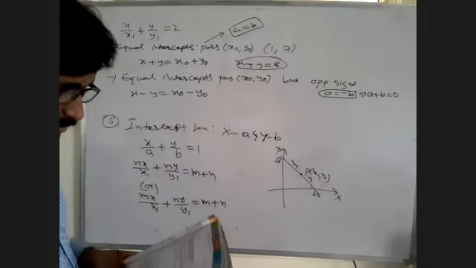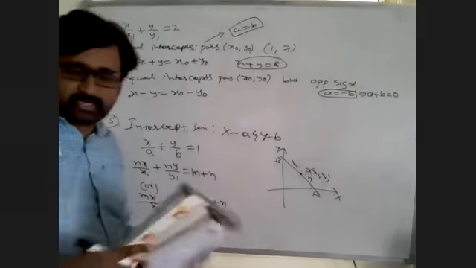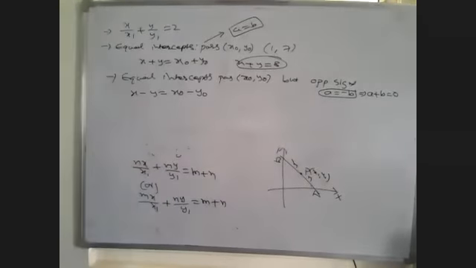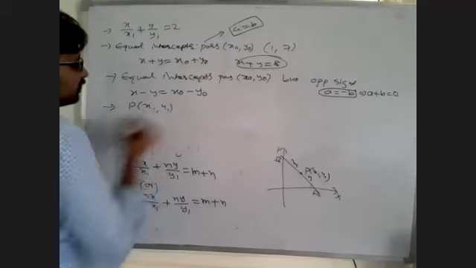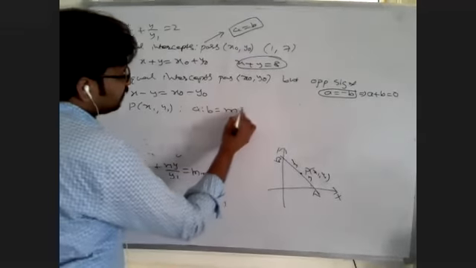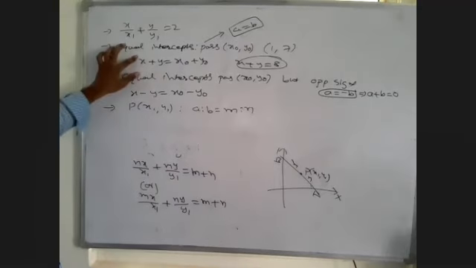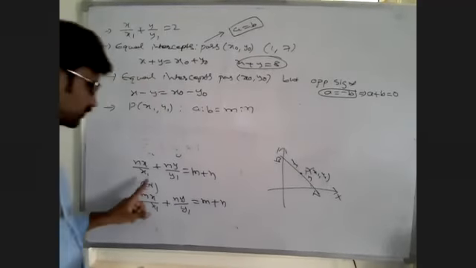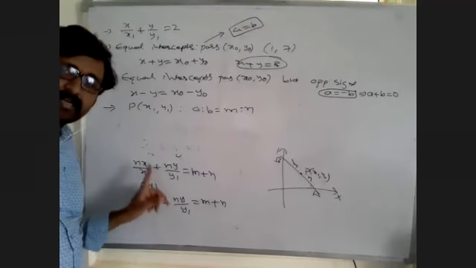Okay, next, the last one. The equation of the line passing through the point x1, y1 and whose intercepts are in the ratio a is to b, that is, in the ratio m is to n. Earlier, intercepts equal, intercepts equal and opposite, and where a point divides the intercepts in a ratio.